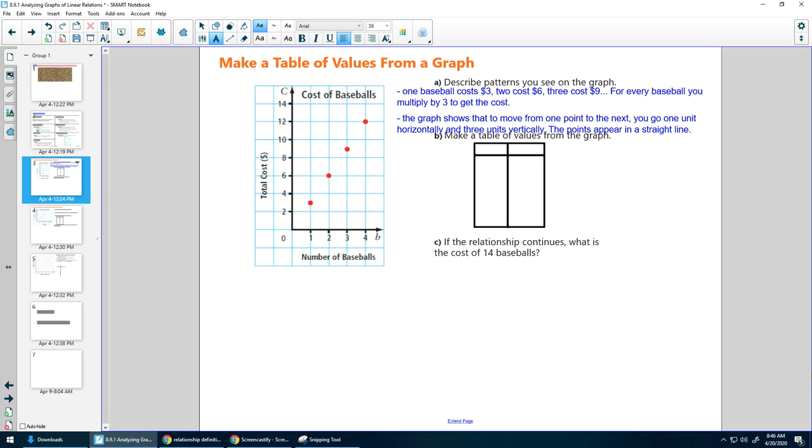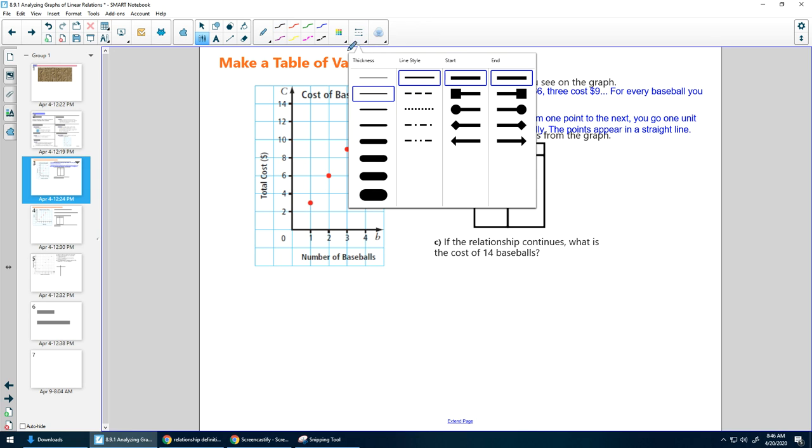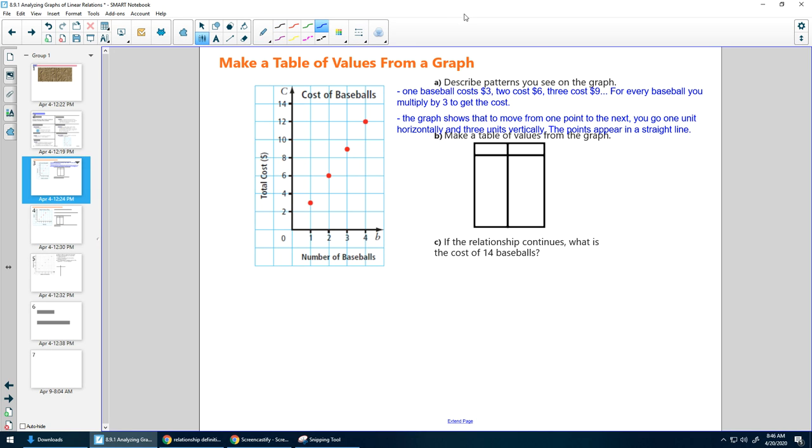Now, we're going to make a table of values from the graph. So using our graph, we need to always put our x values in the first row or column, and our y comes next.